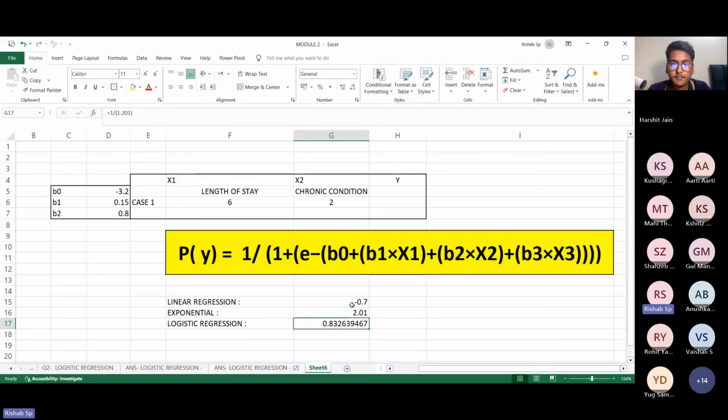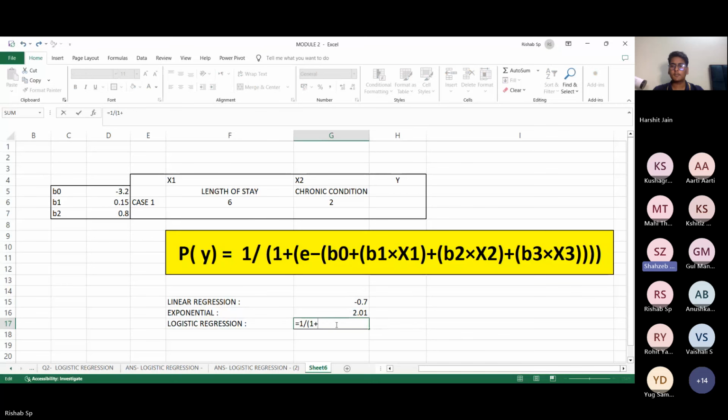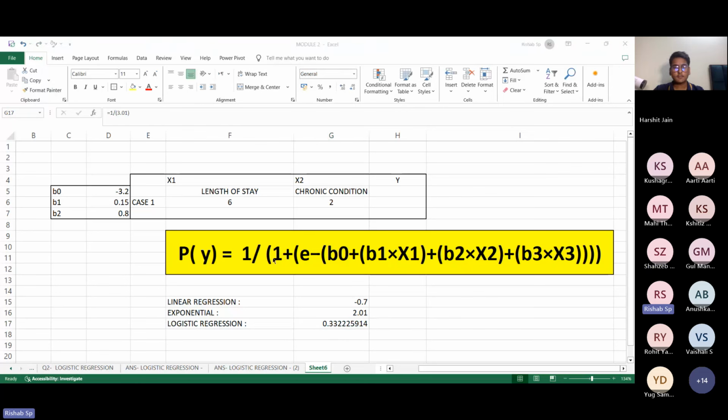No. Can you share the question once more? I think maybe you added wrong. 1 plus 2.01, I think you wrote something else. Yes, 3.01, so 1 by 3.01. 1 by 1 plus exponential of that, the formula you have written. See, it is 2.01, not 0.20. 1 plus 2.01. Now you will get the right answer, 33%. Now directly you can find, right?